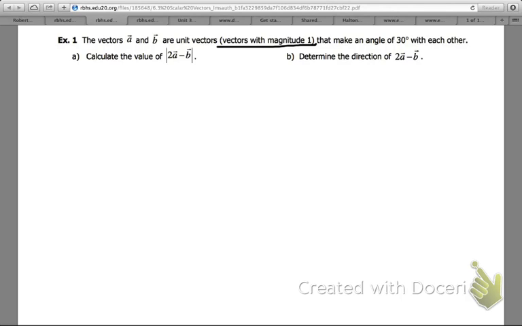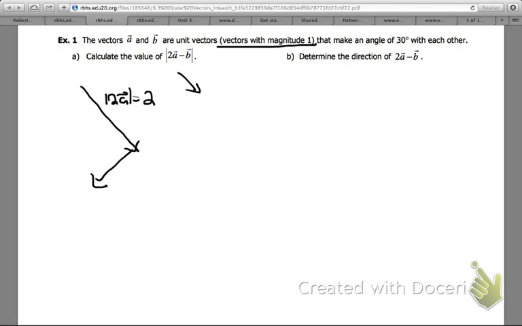What we have here, we know that the angle between each of them is 30 degrees. This is going to be our 2a, and we know the magnitude would be 2, since the magnitude of our unit vector is just 1.